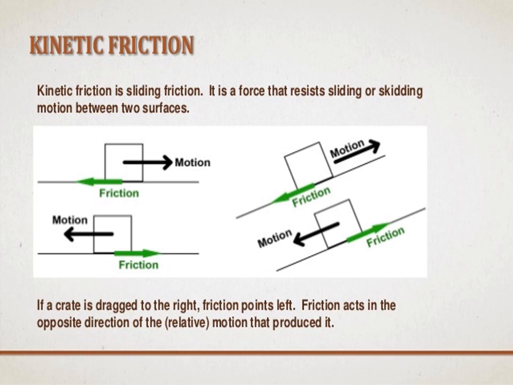If an external force acts on the object which is greater than maximum static friction, the object begins to slide. So, when an object slides, the surface exerts a frictional force called kinetic friction. Do you understand?